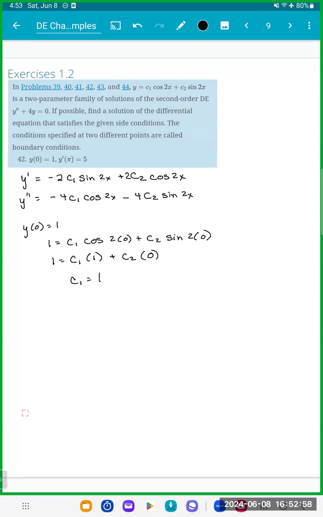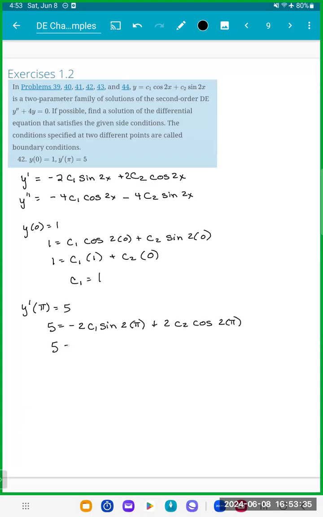We can do the same sort of thing for our derivative initial condition that was given. We're given that y prime of pi is equal to 5. So 5 is equal to negative 2 c1 sine of 2 times pi plus 2c2 cosine of 2 times pi.